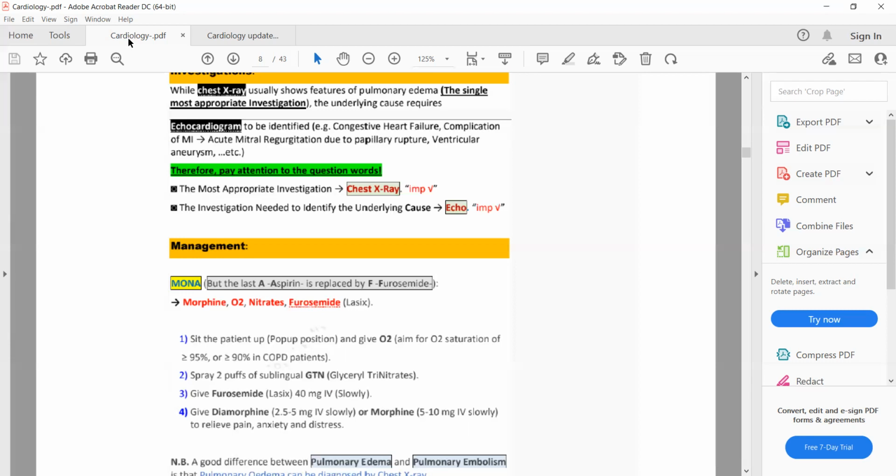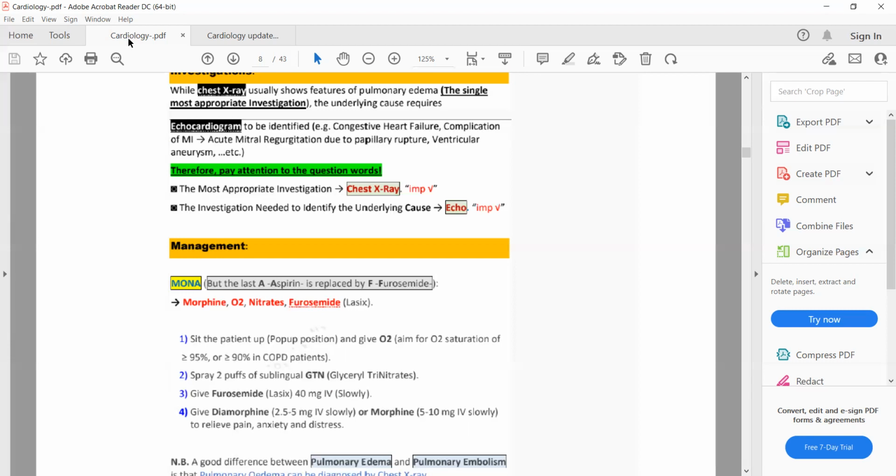We'll aim for oxygen saturation of 95 or more than 95 in the general population, and an oxygen saturation of 90% or more than 90% in COPD patients.